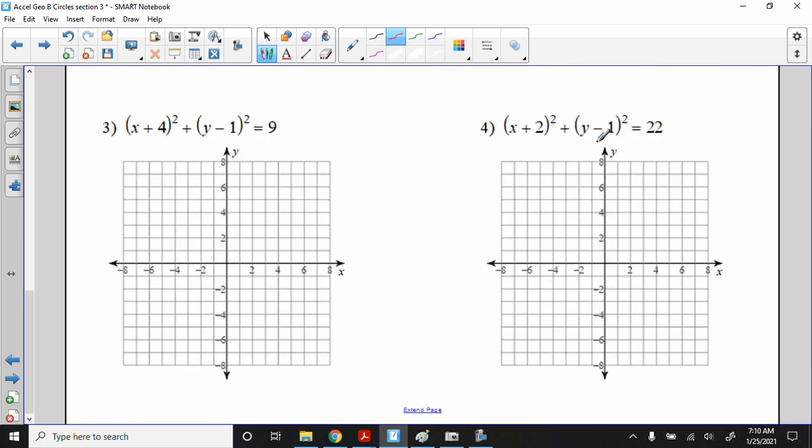So here we will have a decimal here. So center is -2, +1. Square root of 22 is 4.69. Yeah, it's not going to be perfect. So I'm just going to go over 4 and then try to go like 2/3 of the way.